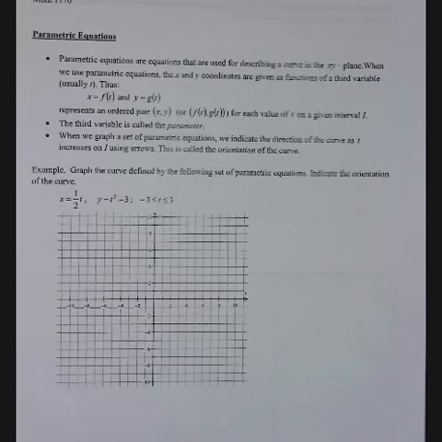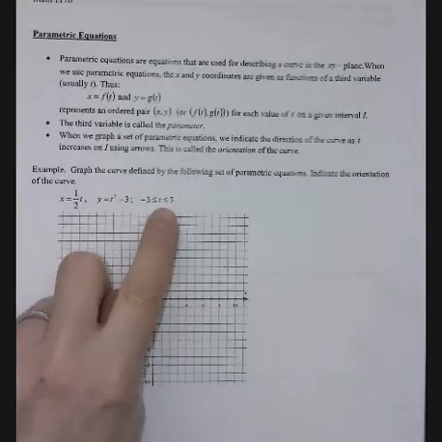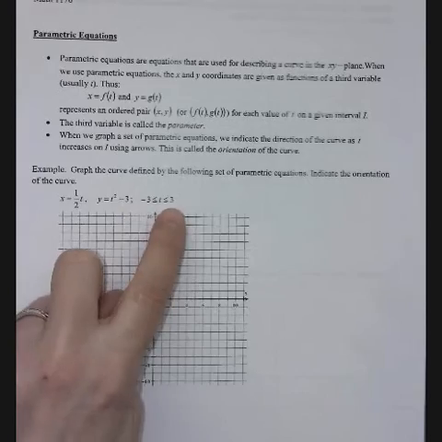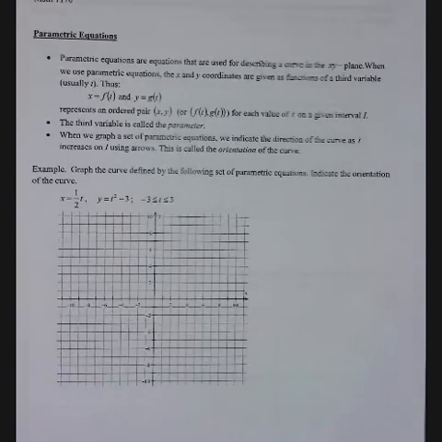In this first example, we want to graph the curve defined by x equals 1/2 t, y equals t squared minus 3. And then there is a restriction on the values of t. T varies between -3 and 3. So when we do this, we think about where this object starts.